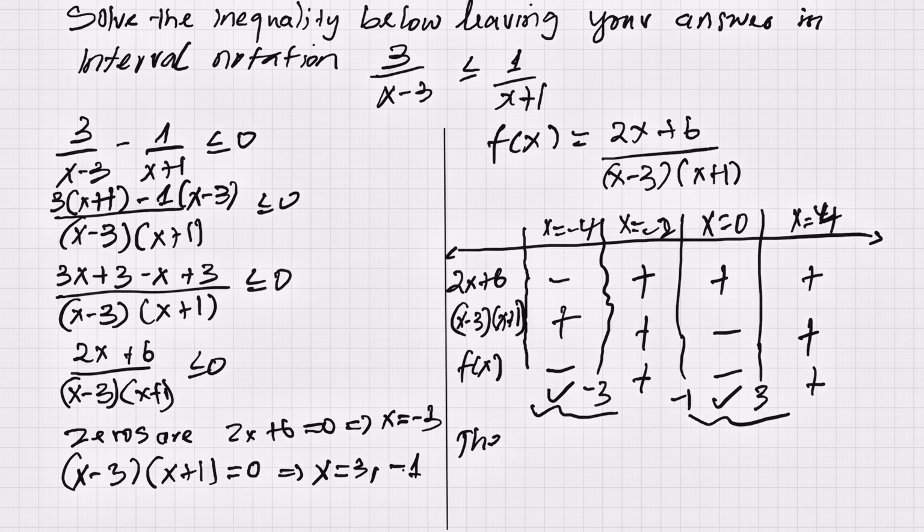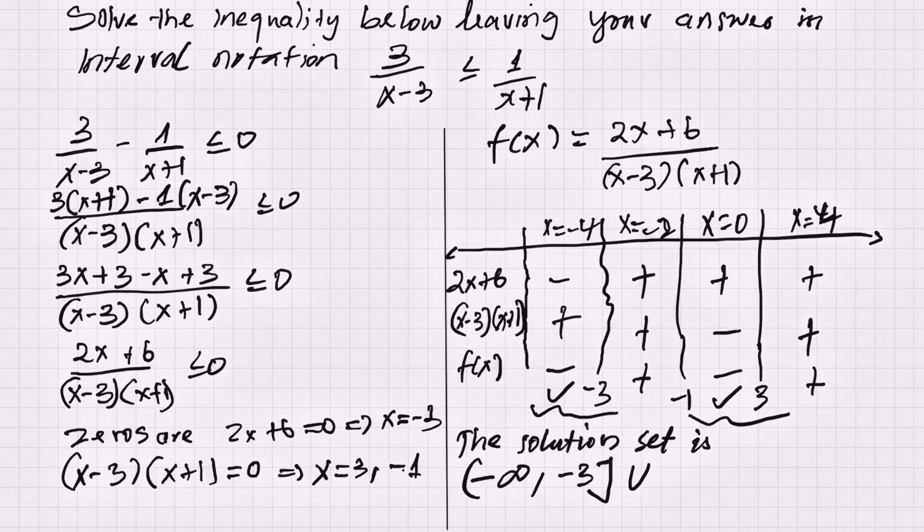The solution set is, now remember that less than negative 3 means it starts from negative infinity. So negative infinity to negative 3. Remember that this inequality is closed. If you test f of negative 3, f of negative 3 is a real number, so it is closed at negative 3.